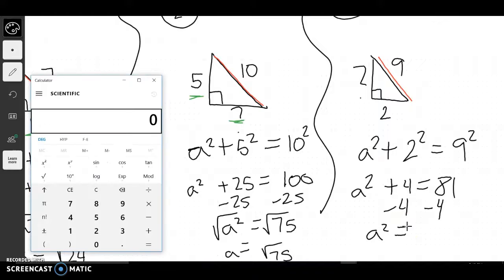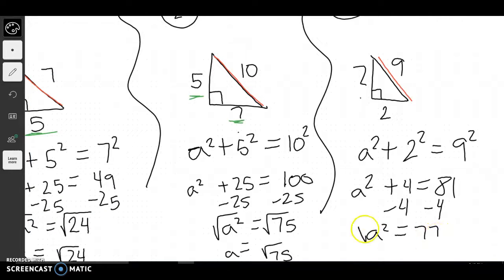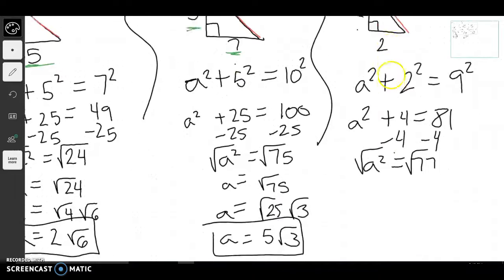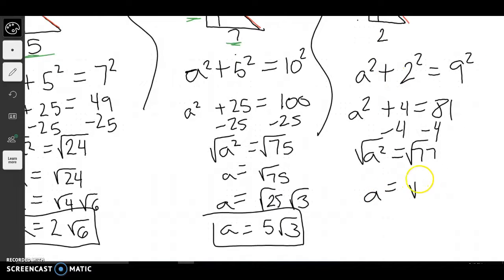So I'm going to do that really quick. Which gives us 77, and then we'll take the square root of that. And we'll get a is equal to the square root of 77. Now 77 doesn't have a nice square root, so we could leave it again, and this would be our final answer. Some questions are going to ask you to approximate it to 2 decimal places.